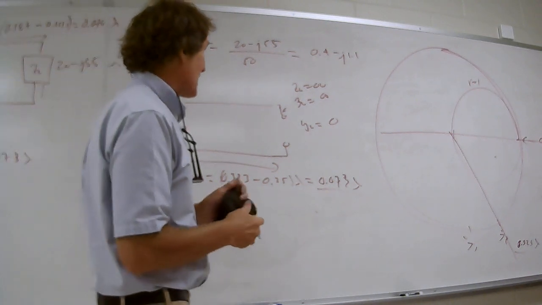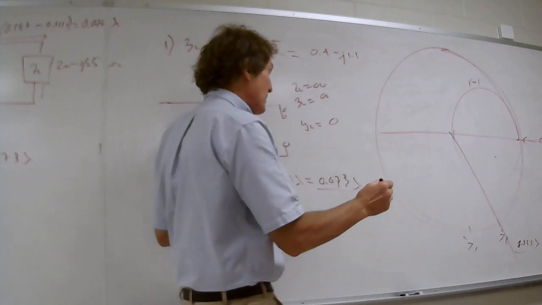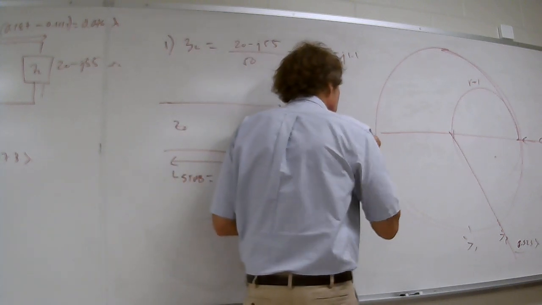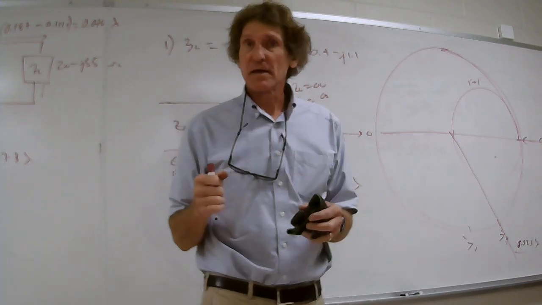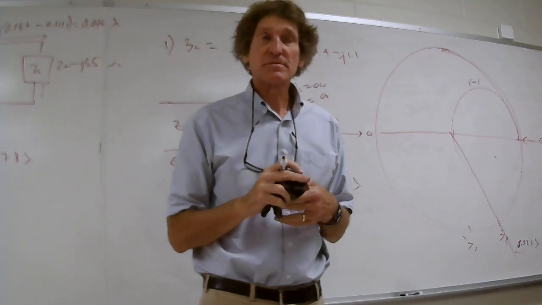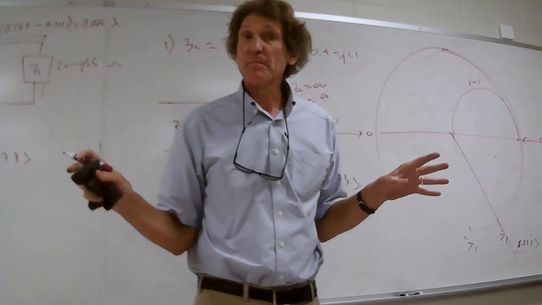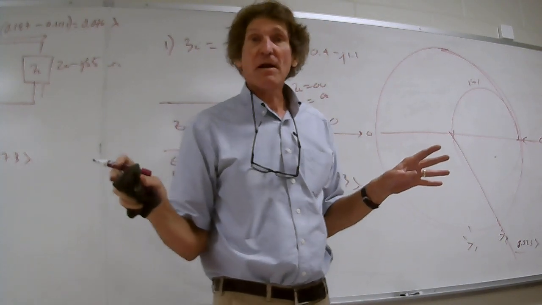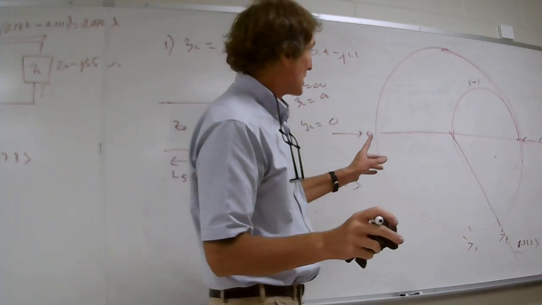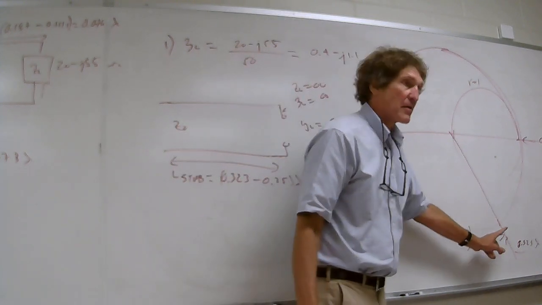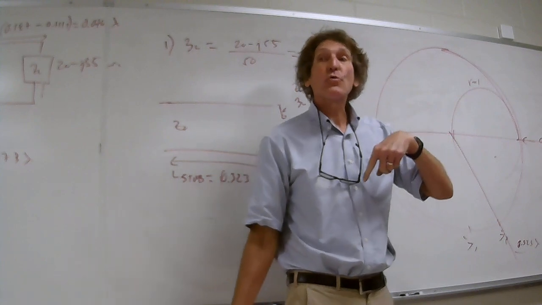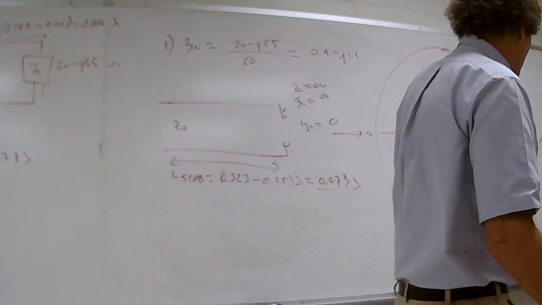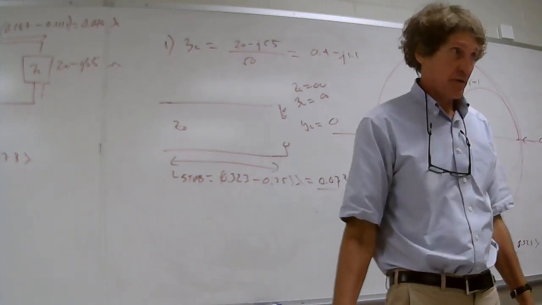So now for the stub length, if it was open, I would come in right here. Isn't this 0, class? Yes. Everybody see this? How far do you have to move? From here to here, right? 0.323. Exactly a quarter wavelength further, or it's just 0.323 lambda. Do y'all see that, class?